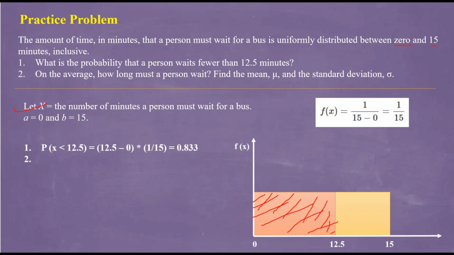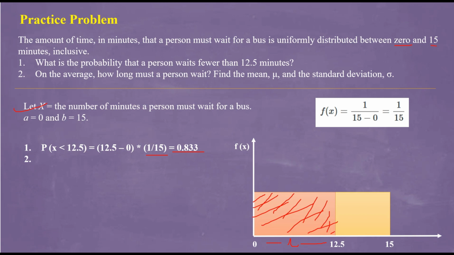It comes out to be 12.5 minus 0, representing the length of the rectangle, and height is nothing but the f of x value, so height is 1 by 15. So this probability comes out to be 0.833.